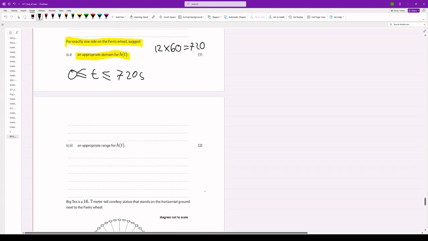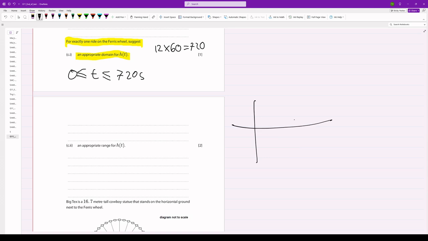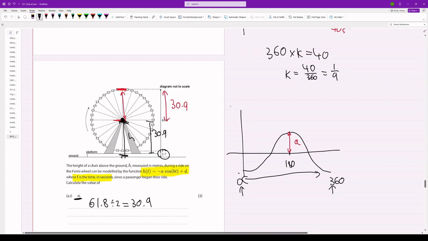Suggest an appropriate range for h. Well, remembering back to when we did domain and range, the domain was the x part and the range was the y part. So the y part on our one goes between 2.7 and the highest point on my wheel, the highest point being right at the top, which is very easy to work out.